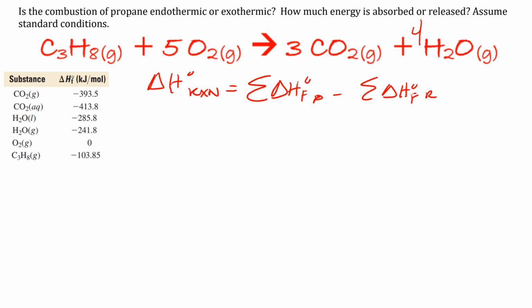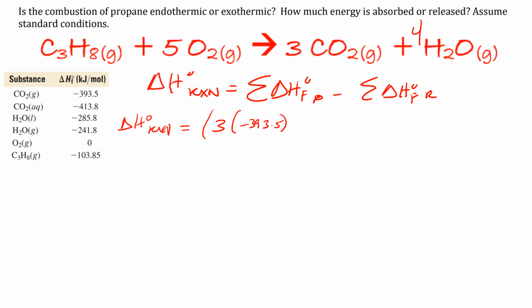So delta H standard reaction equals the sum of our products minus our reactants. So 3 times our CO2, which is negative 393.5 because it's in the gas phase. Notice how they have different phases, different numbers.